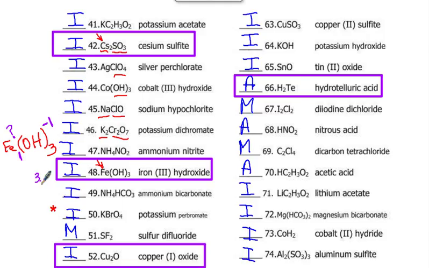There's only a single iron. These electrons come off of that iron. So that iron must be a +3 because it's giving away 3 electrons. So what we're indicating here is that iron is a +3 by putting a Roman numeral 3 in the name. Iron, giving away 3 electrons, hydroxide.